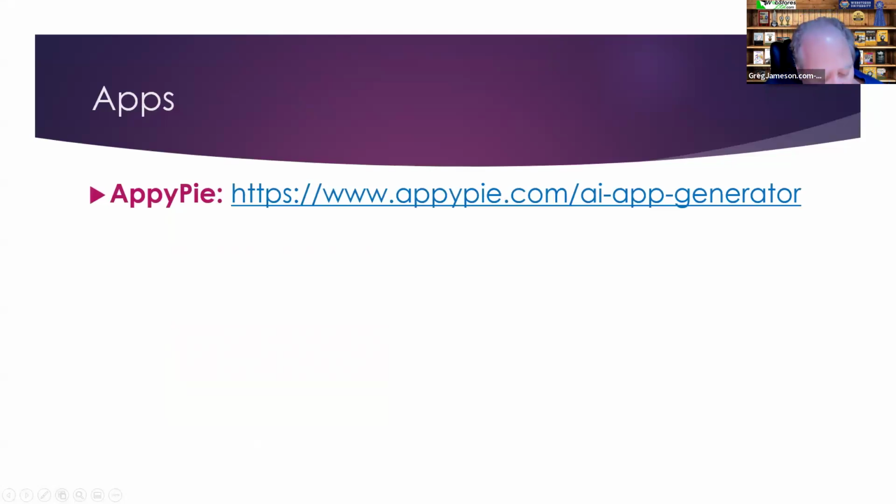Okay. You can create apps, as in cell phone apps, with AI. There are a number of app generators out there. AppyPie is one that I have used myself that does a pretty good job of allowing you to put all kinds of stuff in there without really knowing how to code an app.